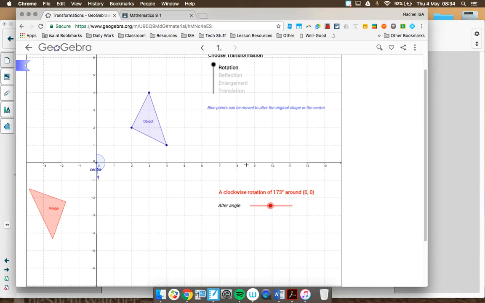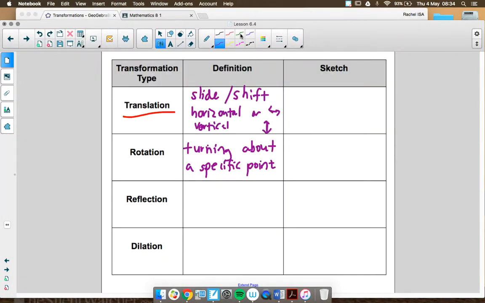So it's going to go a half circle all the way on the other side. Okay, so those are rotations, and we measure rotations in degrees. So you can write something about degrees here as well. You measure this with degrees. And then go ahead and sketch a picture here as well. If you need to pause the video, you can.